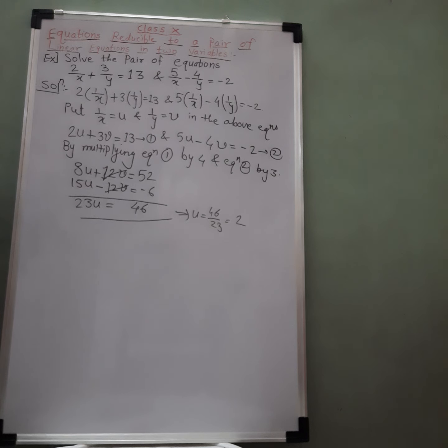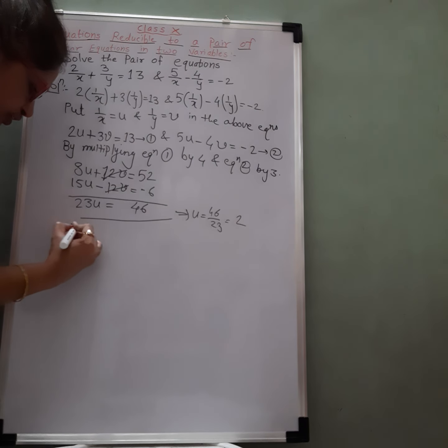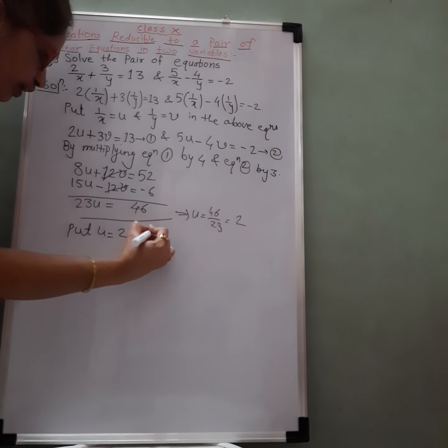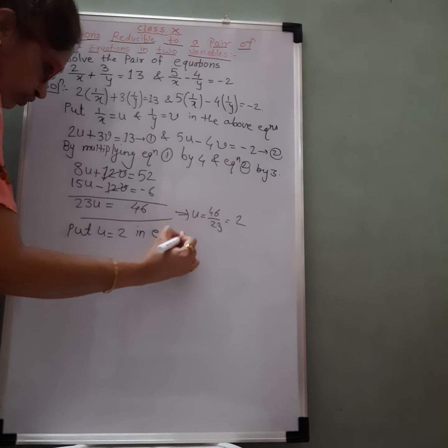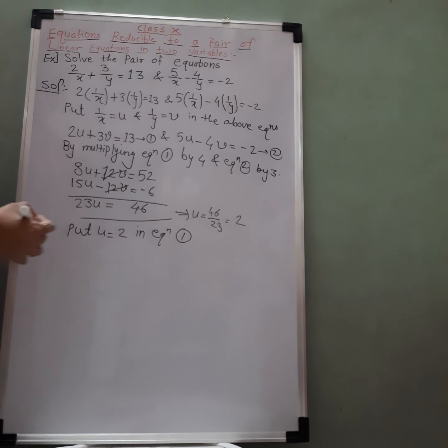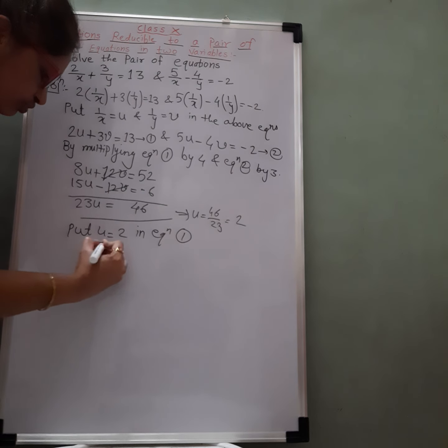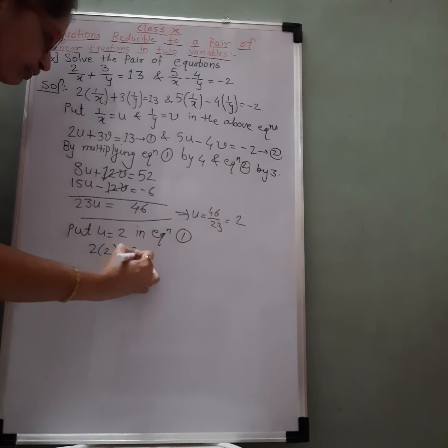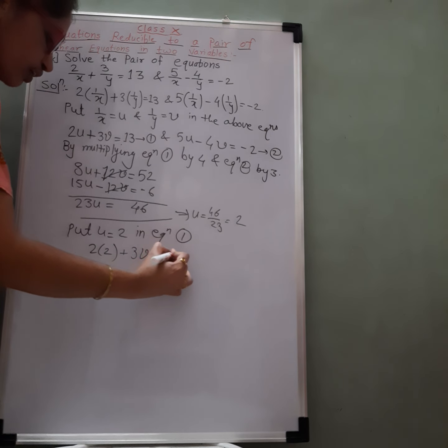Now put u is equal to 2 in equation 1. We get 2 into 2 plus 3v is equal to 13.